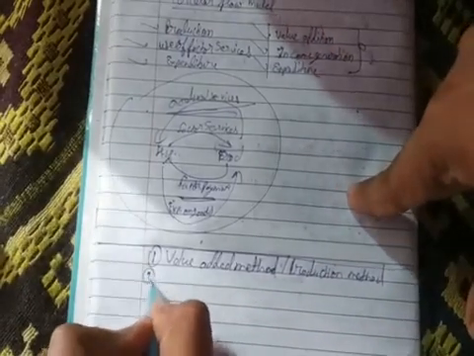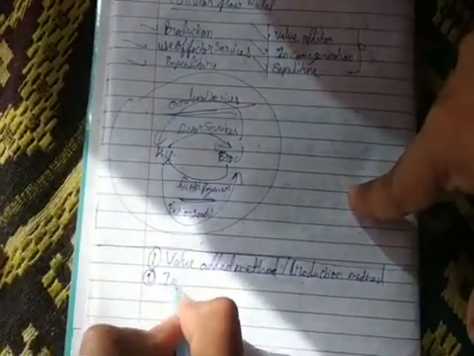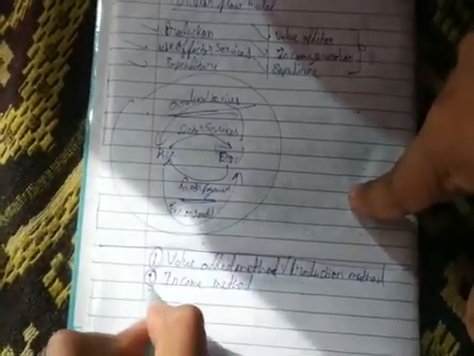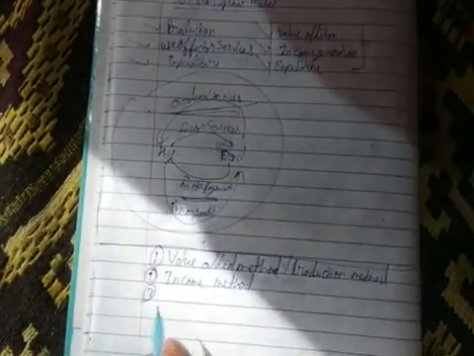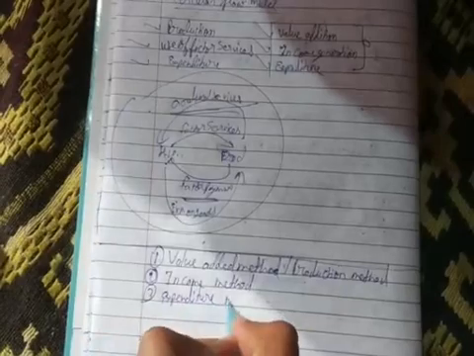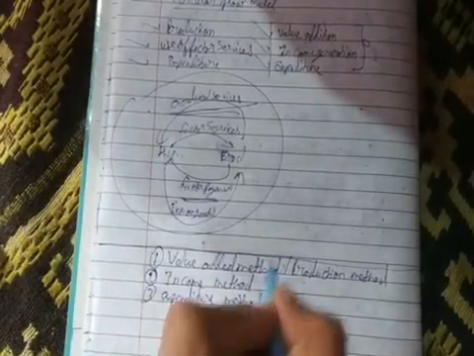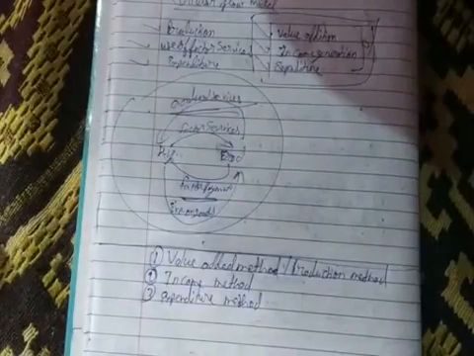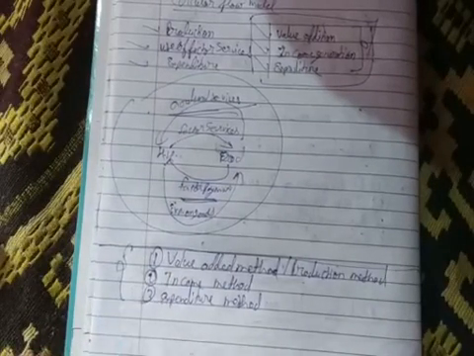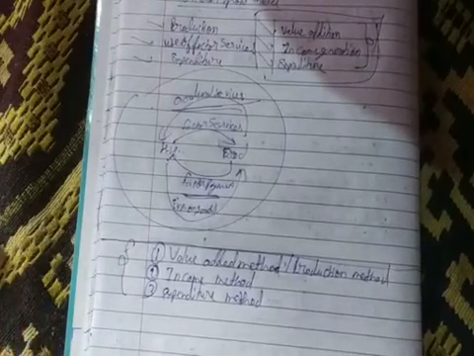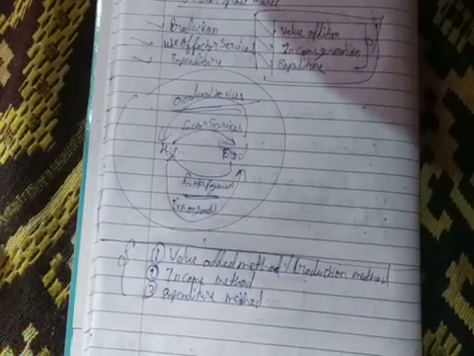The second one is the income method, and the third one is the expenditure method. We got all these methods from here. I will describe all of them in detail, and we will see how we can calculate national income using each of these methods.